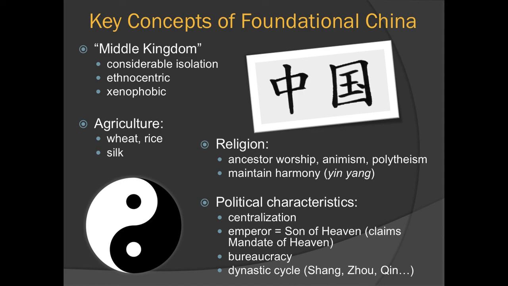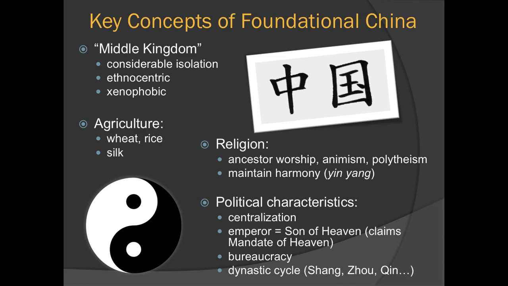They give them supreme authority over all people within China. Therefore, they call themselves the Son of Heaven. So if you see that term, Son of Heaven, we are talking about the Chinese emperor specifically. All right, the Son of Heaven has claimed the mandate of heaven, and this is something that can be lost just as it can be gained. All right, and we'll talk more about that in just a little bit.